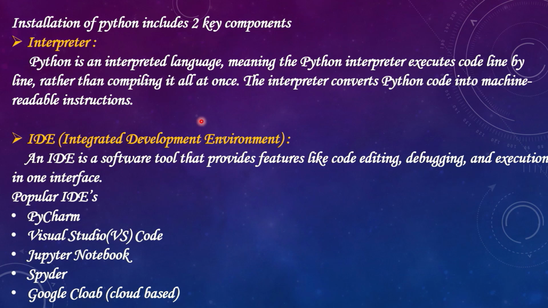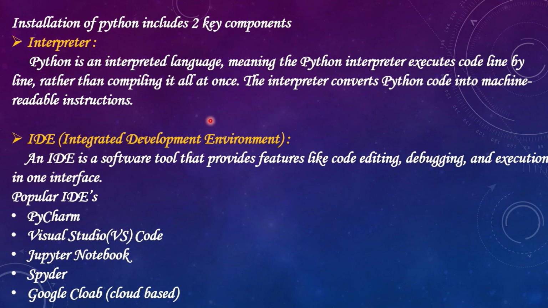What the interpreter does is convert the source code of Python into machine-level understandable code. We know, right? Humans talk and understand English, but machines don't understand English. Just as humans have their language as English, in a similar way machines have their own language, which we can call machine language, which is in the form of zeros and ones.